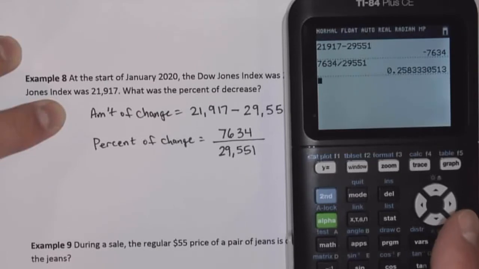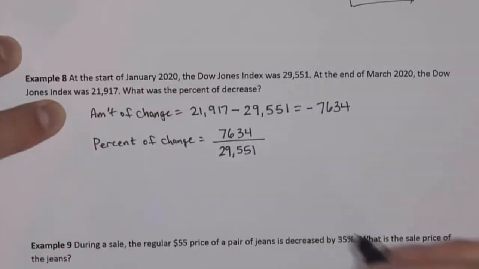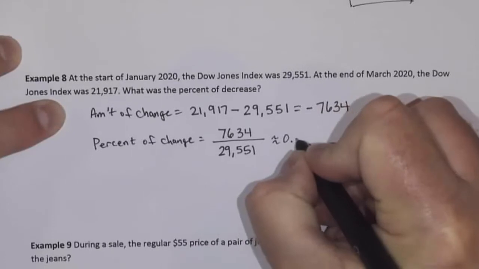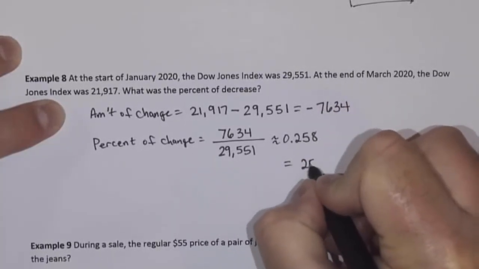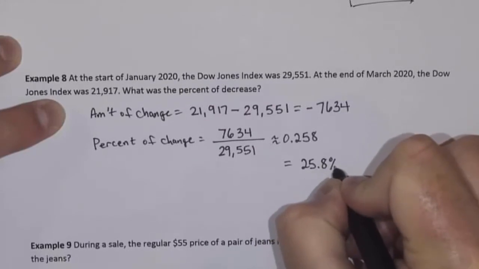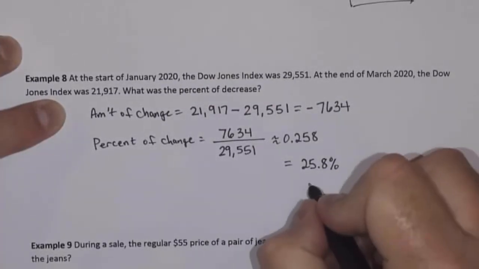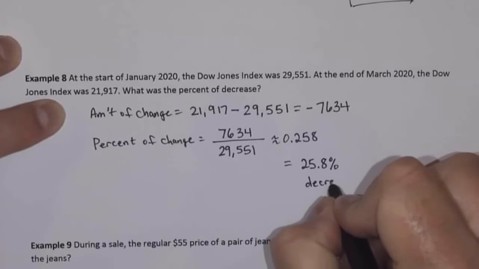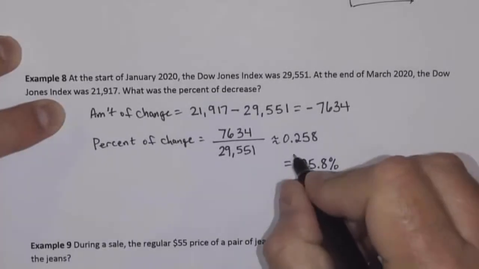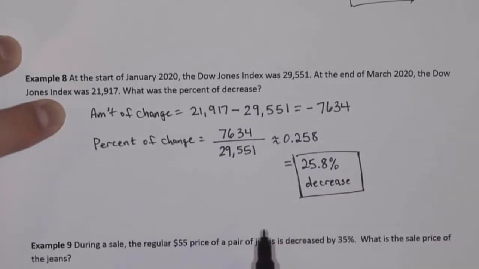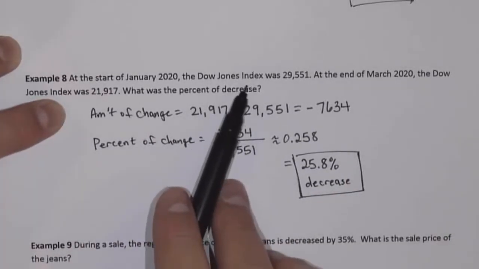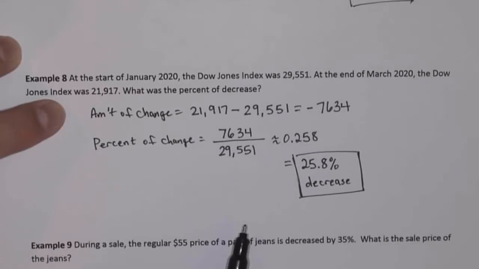So if I round that to 3 places, that's 0.258. Or that would be 25.8%. And again, in this case, it was a 25.8% decrease. So over the first 3 months in 2020, the Dow Jones Index decreased by 25.8%.